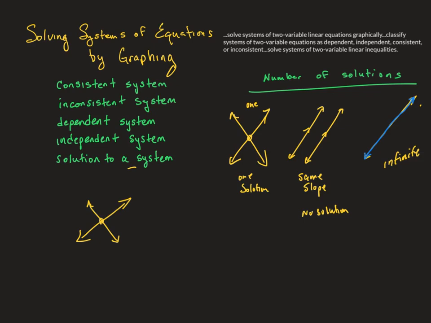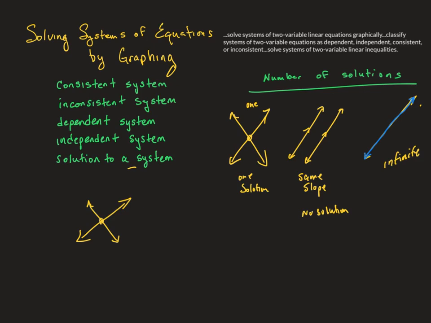As we look forward, it's easier to graph starting at your y-intercept and then working your slope. Remembering that, of course, greater than or equal to or less than or equal to are going to be solid lines. And so any solutions that fall on a solid line are also part of the solution set.